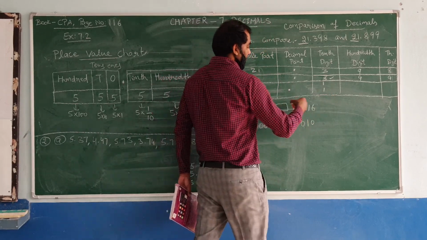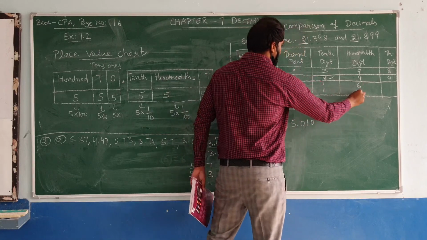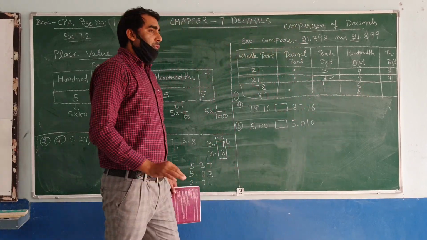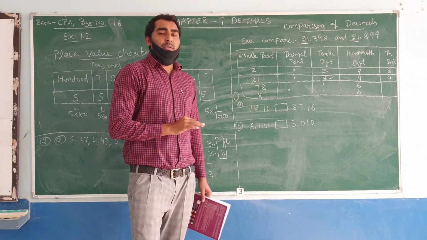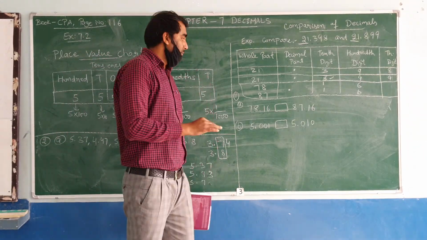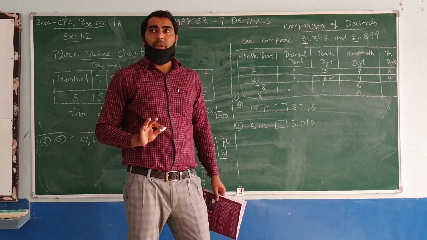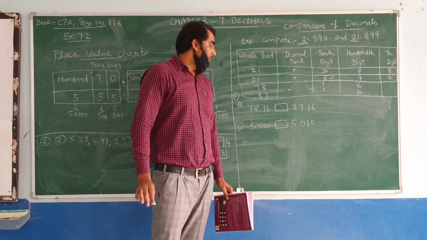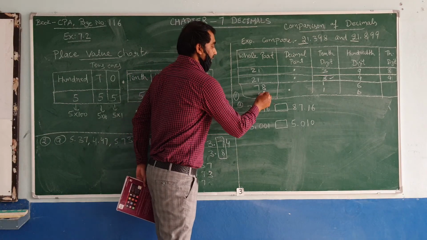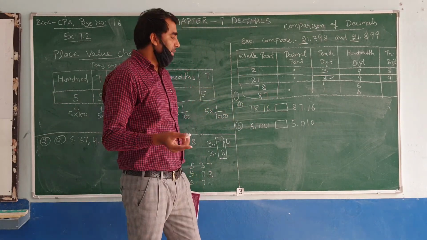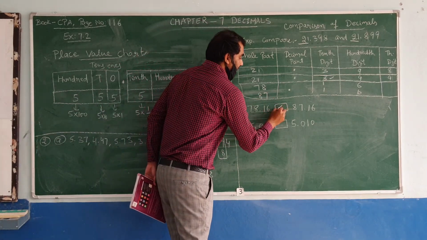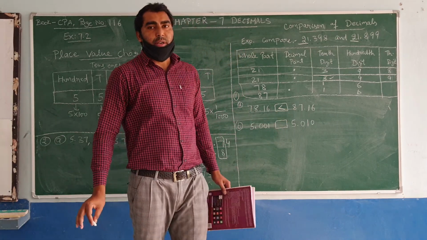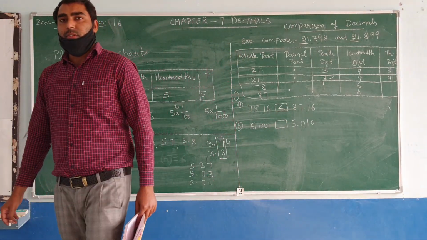Now 6. Here is also 6. Firstly, we will check the whole part. The whole parts are not the same. Okay, so it means 87 is greater. 87 is greater, it means the sign is this side. We don't need to go further, okay?